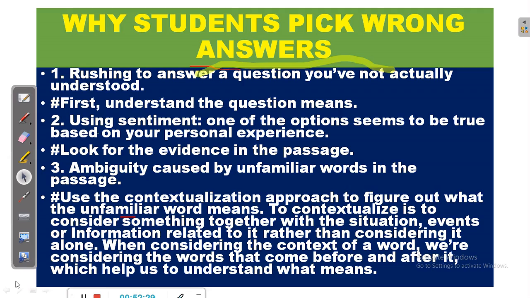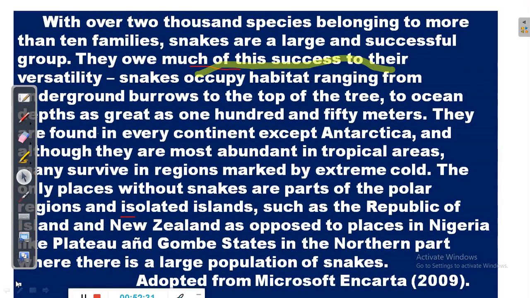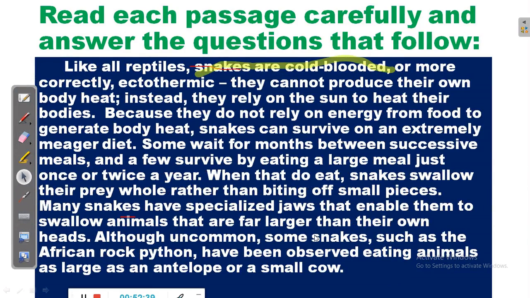Because we have seen something about the animals. Okay, so that's the last sentence in paragraph 1. Although uncommon, some snakes such as the African rock python have been observed eating animals as large as an antelope or a small cow.